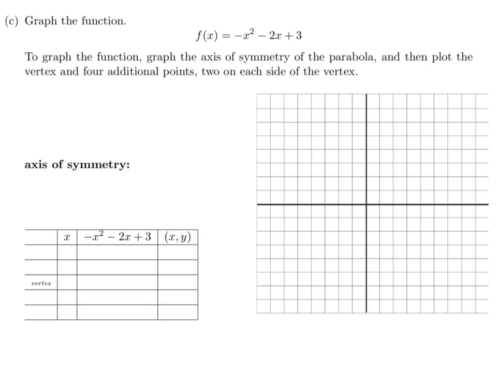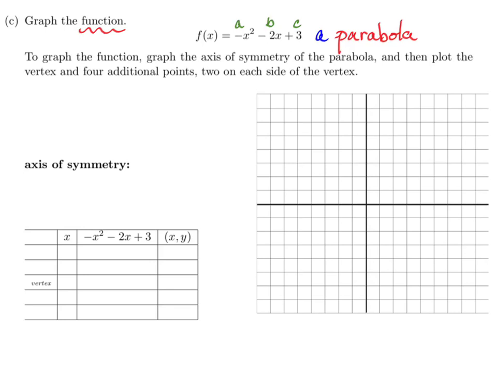This one says graph the function f of x equals negative x squared minus 2x plus 3. So it does say to graph the function, graph the axis of symmetry of the parabola. Well, that's a big clue that this is going to be a parabola, and it is a quadratic function.